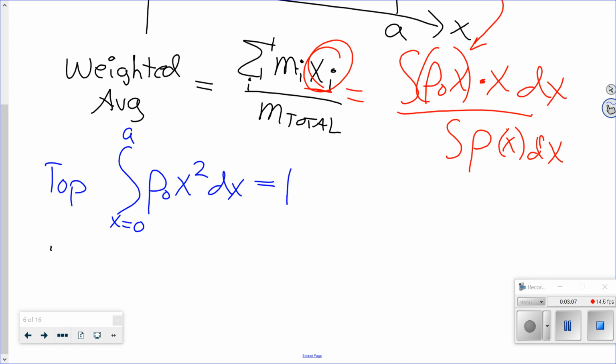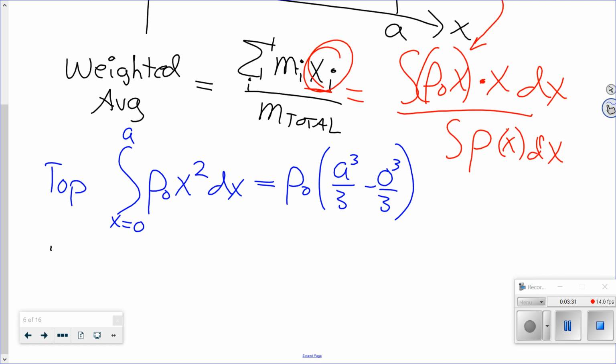Okay, so that's rho 0, and then we'll have a cubed over 3 minus 0 cubed over 3. See how I got that? Went from x squared to x cubed over 3, and I substituted right away.